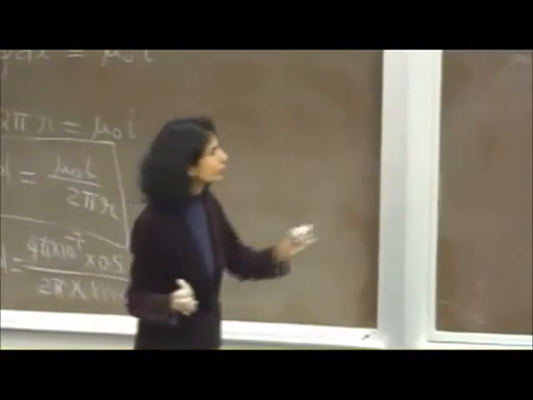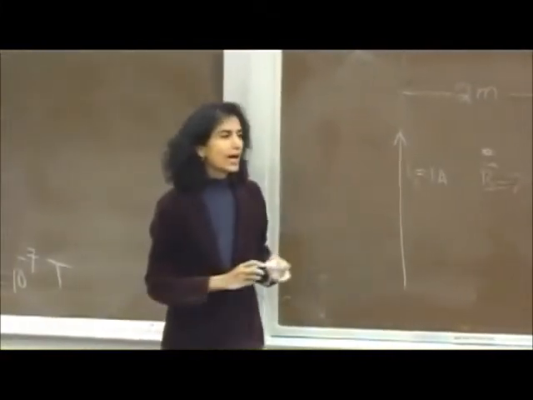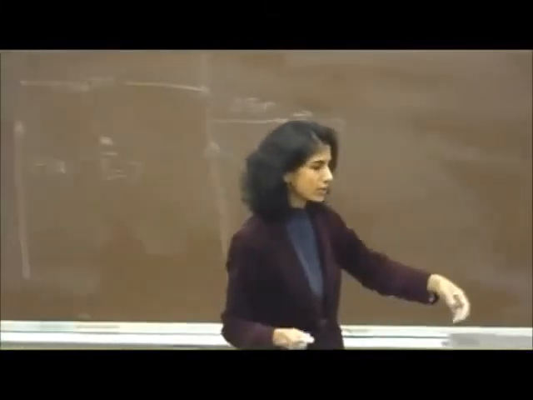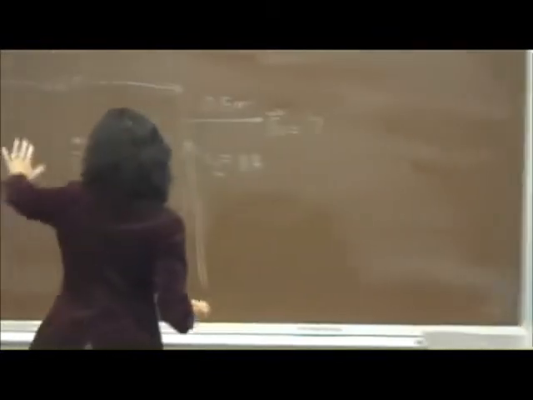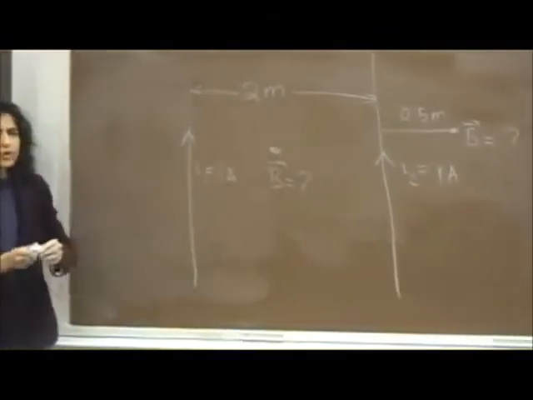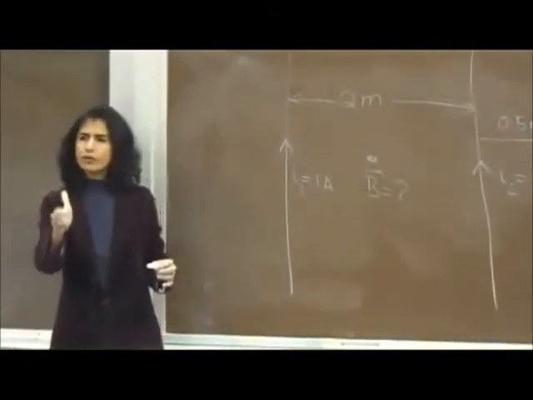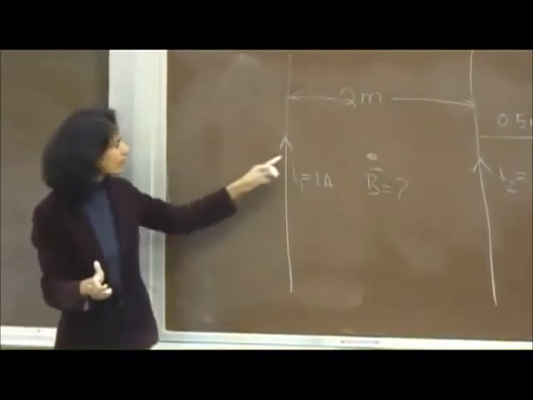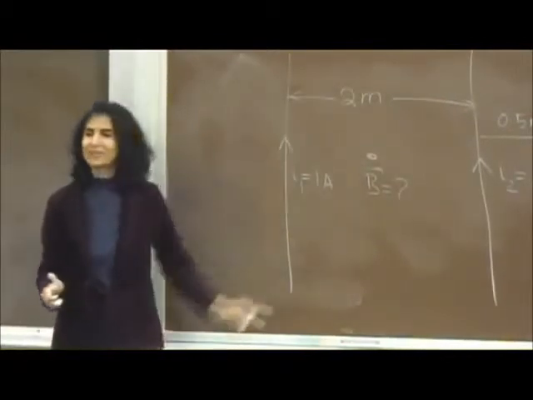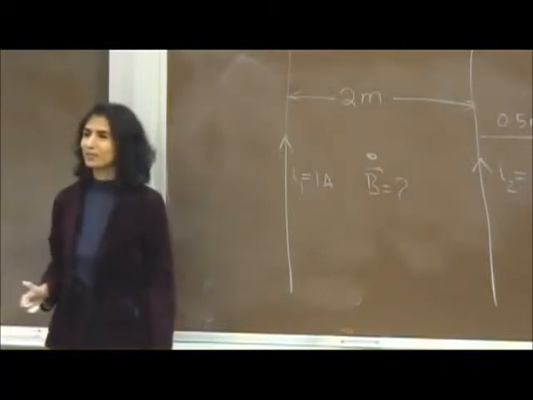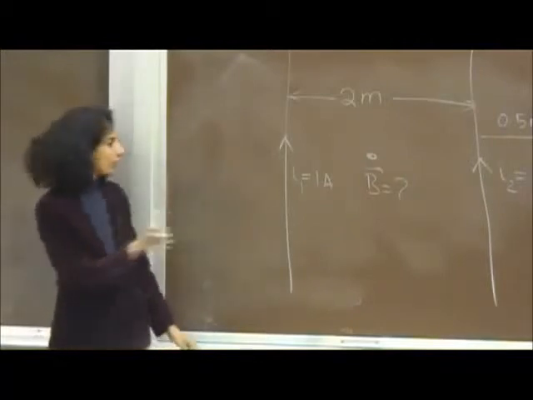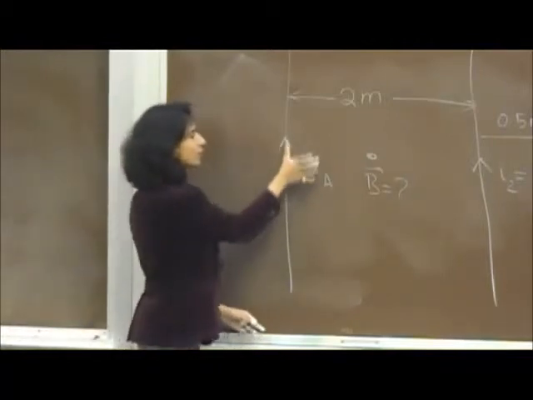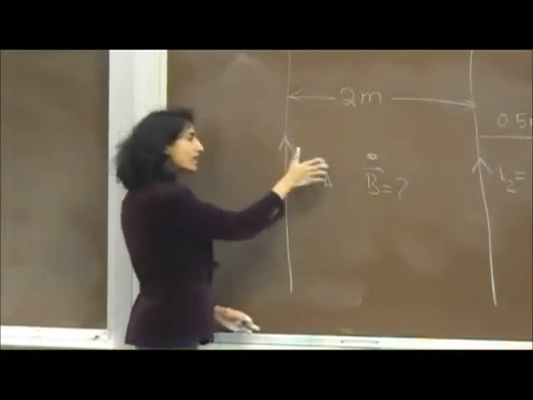Okay, but in order to do that, the way this wire is drawn, I think it will be a good idea for us to actually think about. So in this plane, if you use the right hand thumb rule, what would you say is the direction of magnetic field produced by this wire that is carrying current 1 amp? Very good. Do you see that it is clockwise? Because if you put your thumb in the direction of the current, my fingers curl like this.